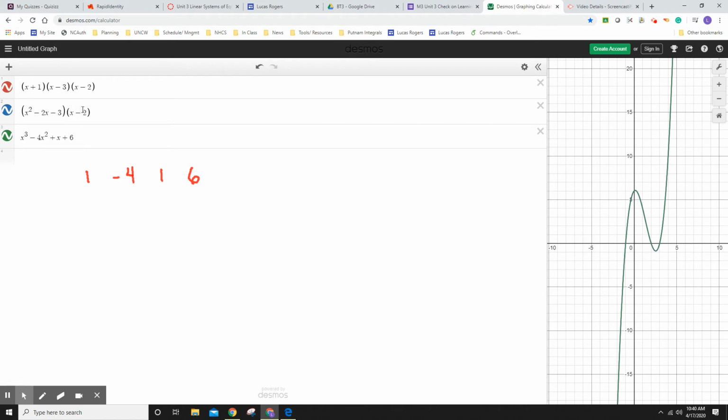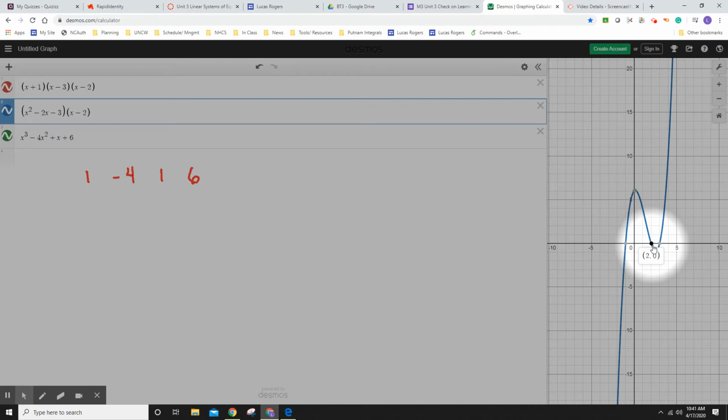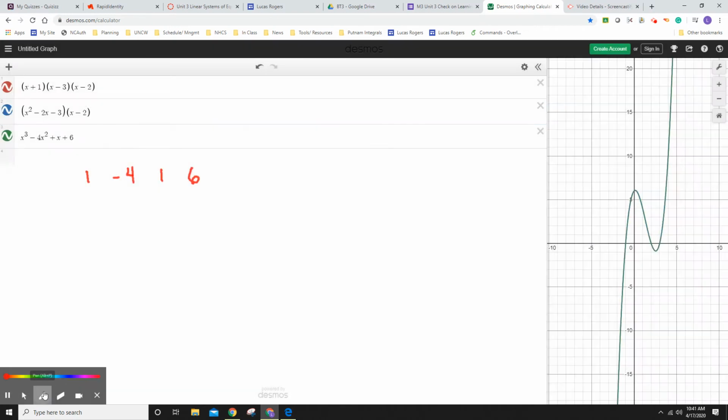And the way that we do that with synthetic division is we take the value from this graph that corresponds with that root, that position on the x-axis, and we use that value of positive 2 to divide that out from these coefficients. So when we're dividing by this factor, we know that we need to look at the graph and understand that root is what we're going to use to divide this out.